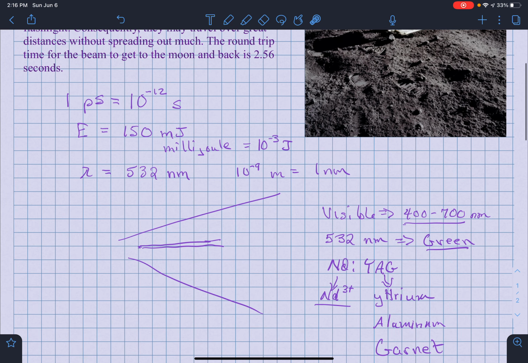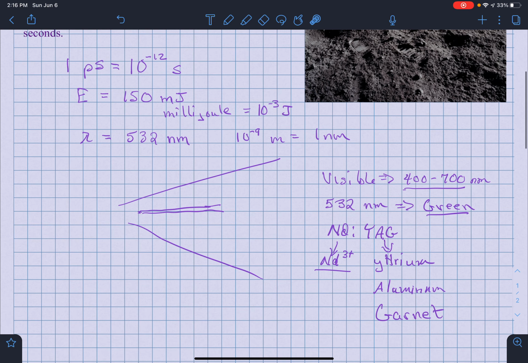So what you're going to need to do in this particular problem is to calculate, first of all, the frequency of this 532 nanometer beam, 532 nanometers being the wavelength.